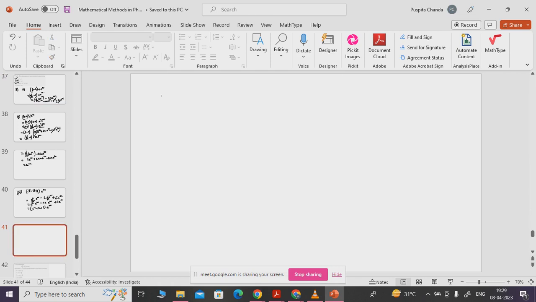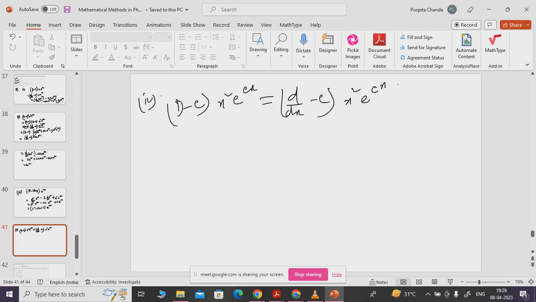Now we will see (d minus c) x square e to the power cx. d dx of x square e to the power cx minus c into x square e to the power cx.